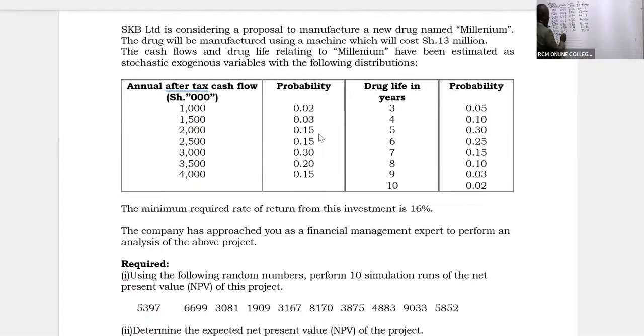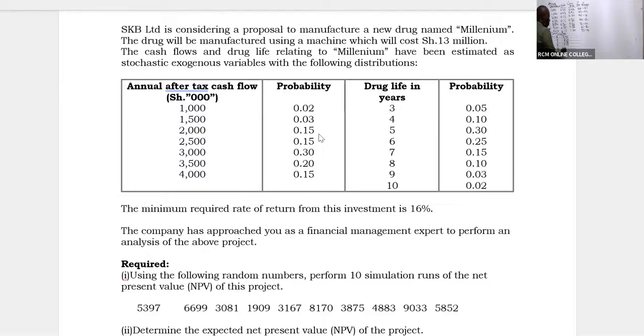Versus the probabilities that they have given us. So probabilities that we have there. I can see 0.05. I can see 0.10. I can see 0.30. After that, I can see 0.25. After that, I can see 0.15 again.